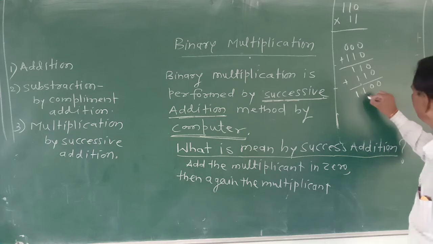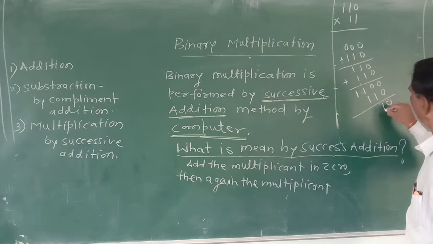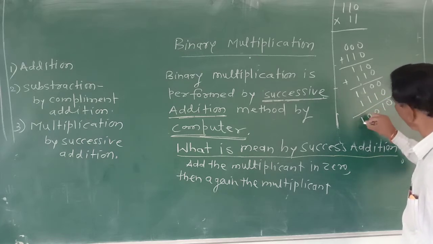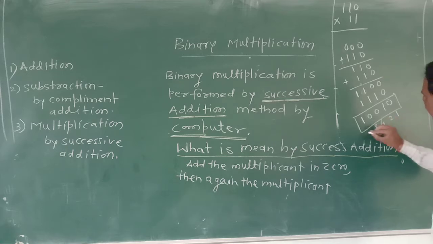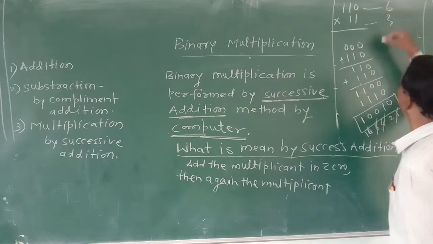Once again add this 1 1 0 0 0 0 1 1 1 0 carry 1 1 1 0 carry 1. Now look, this is 6, this is 3.